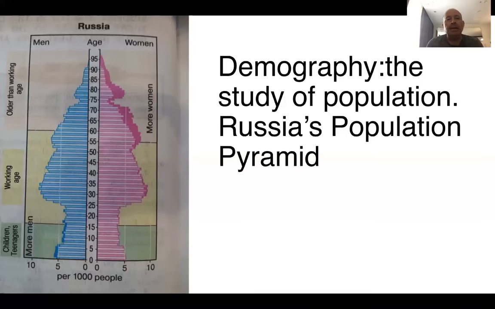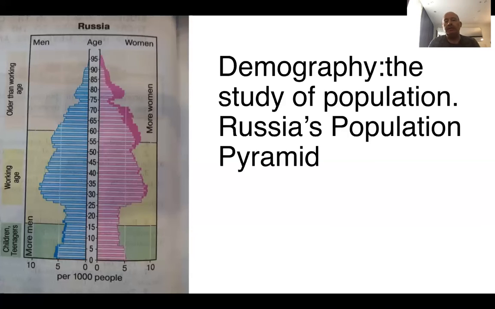Well, one of the interesting things about population pyramids, as we've already mentioned, is that they show gender differences. And as you can see from this diagram, there are more women than men at the upper levels of the population pyramid. In other words, among the older groups, there are more women than men, particularly round about the age of 75 to 80.